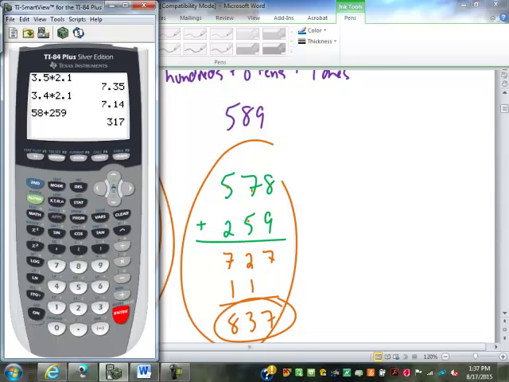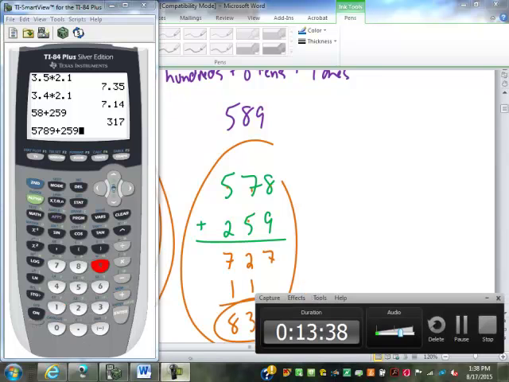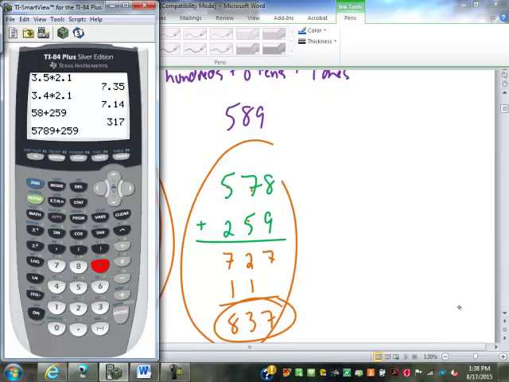Or sometimes I even do this, 578 plus 259. Come on in. So, of course, you can tell this one's not coming out right because my fat fingers, I hit an extra key, right? Sometimes if we're in a hurry and we're not paying close attention, those mistakes would get through.